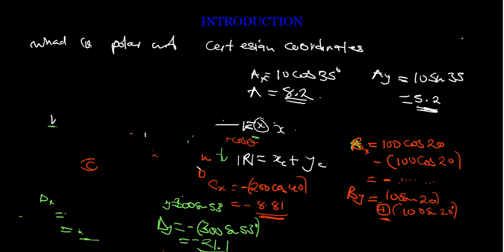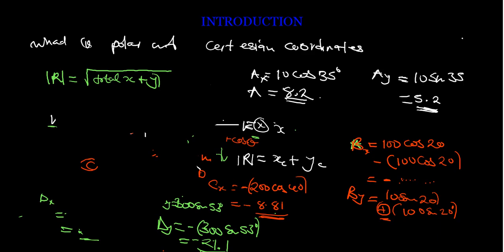After having those, I forgot one thing. After having all those things, for the final resultant, you add all the x's to get the total of x, and then the total of y.